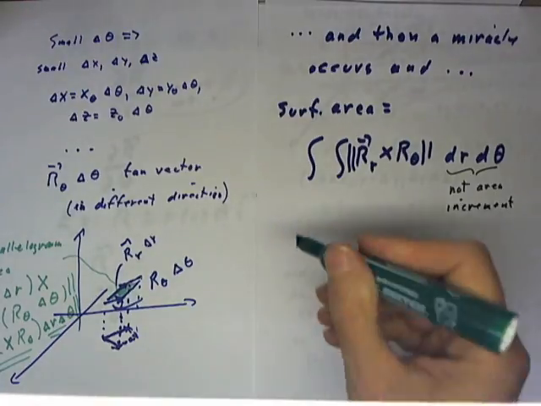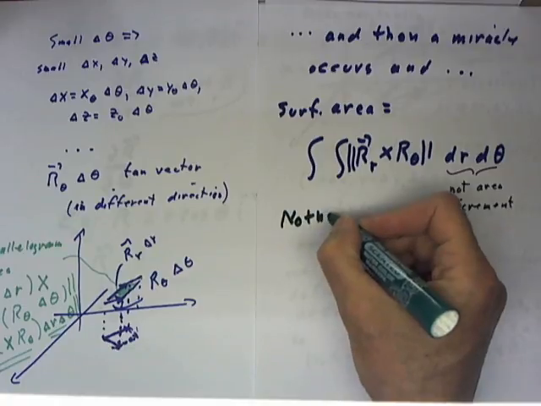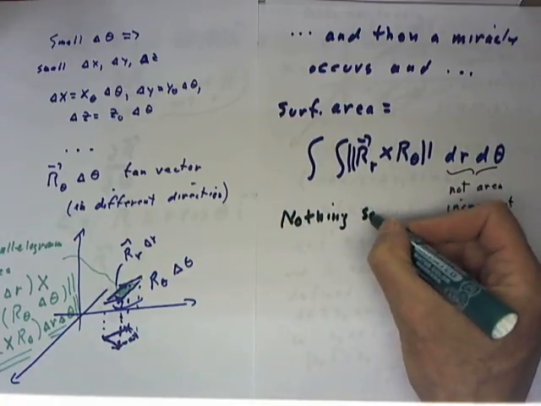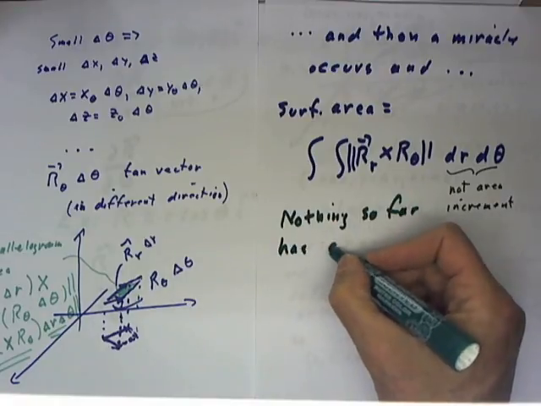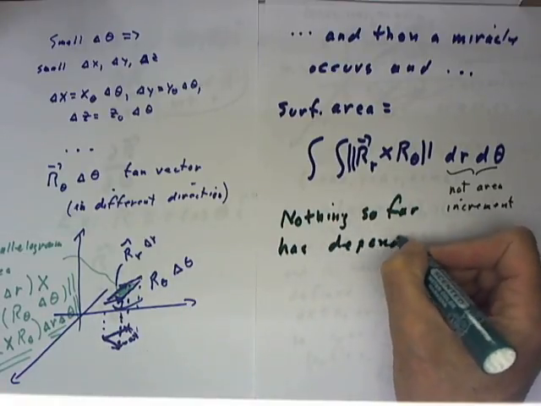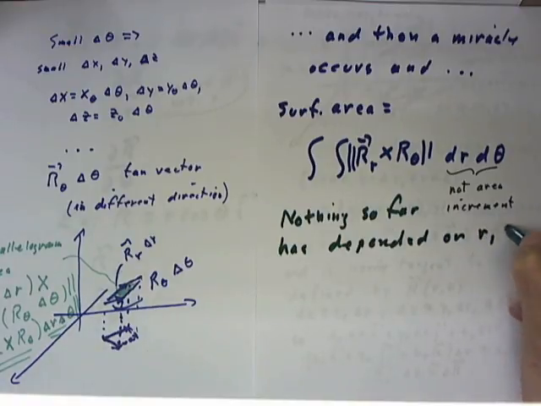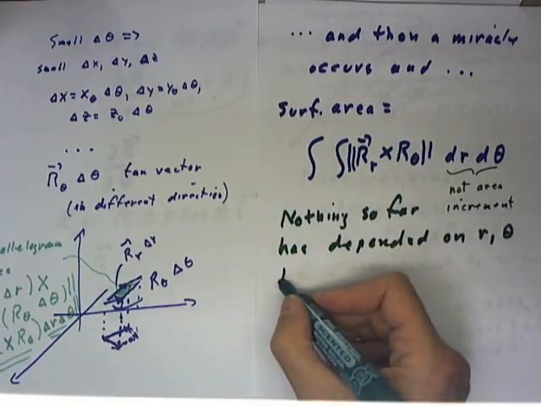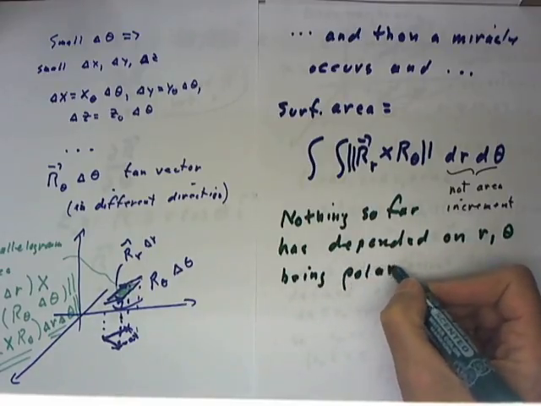And at this point, nothing so far has depended on r and theta being polar coordinates.